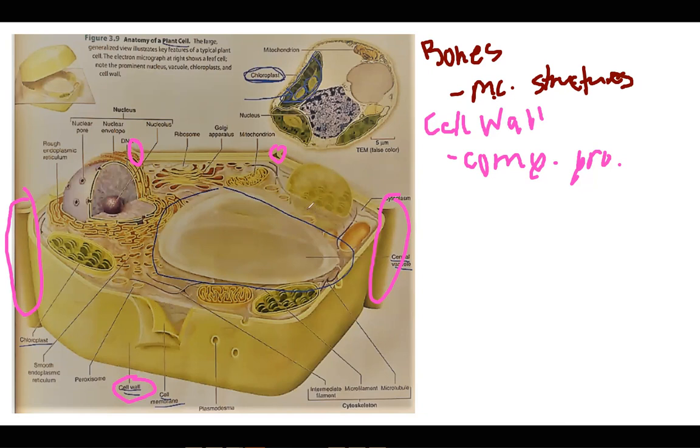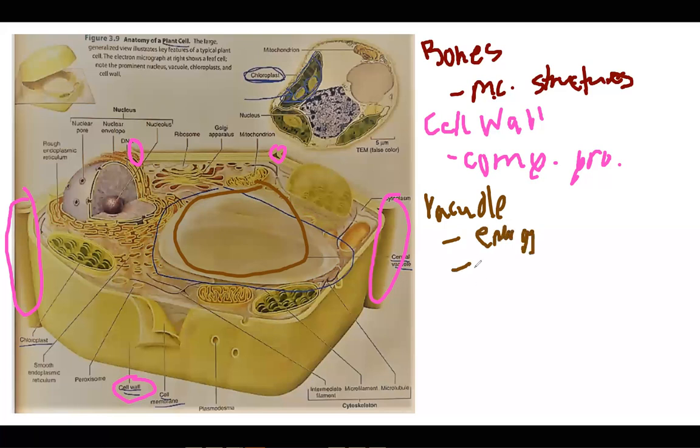Then we have this huge thingy, which is not in a eukaryotic cell. This is the vacuole. Let me do that in another color. The vacuole is technically the storage of a plant cell. A vacuole stores energy, food and water.